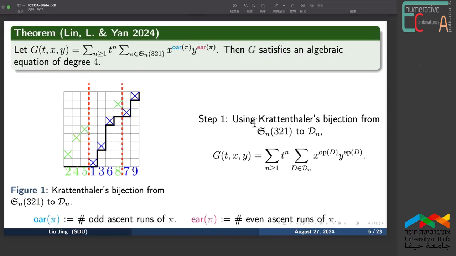Moreover, since the number of descents equals odd ascending runs plus even ascending runs, we further consider the joint distribution of odd ascending runs and even ascending runs on 3-1-2 avoiding permutations to refine the results of Bernardi. In order to solve this problem, we use the Krattenthaler-Sanders bijection to map 3-1-2 avoiding permutations to Dyck paths. Then G can be interpreted as a generating function of Dyck paths with respect to the number of odd and even segments.